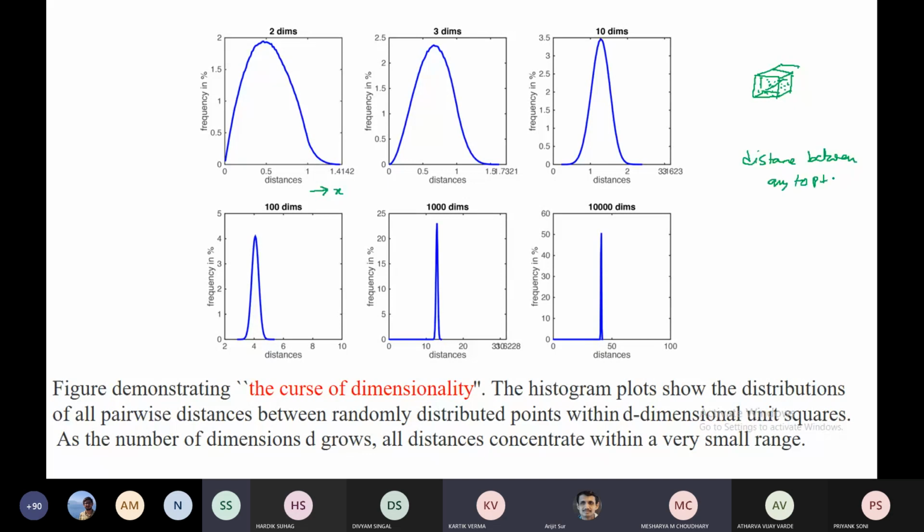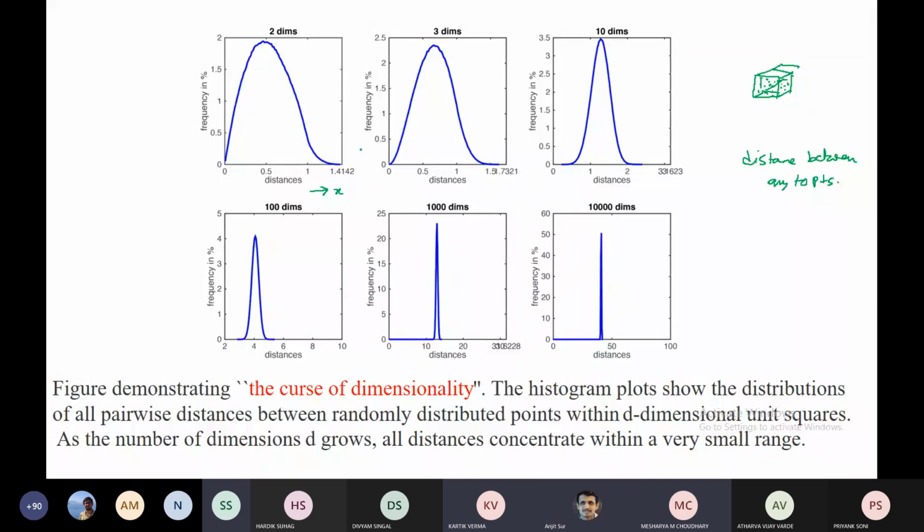He calculates, with points uniformly randomly distributed, the distance between any 2 points and takes a histogram of this. This is 0, meaning 0 distance between 2 points: how many such pairs have distance 0, then distance 0.1, 0.2, 0.3, 0.5, and so on.